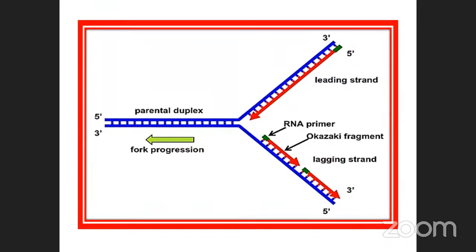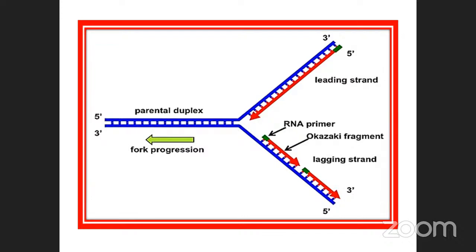See, first of all, you should know the DNA structure. It has two strands. One starts from the 5' end. Another one is the 3' end. Okay. So here, opposite the 5' there is a 3' end. This is also a 5' end. These two are opposite. These two are opposite. Okay.